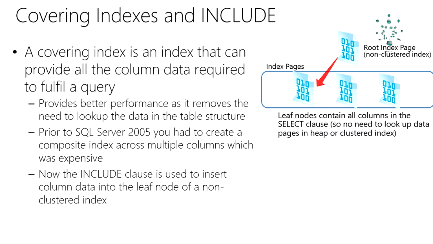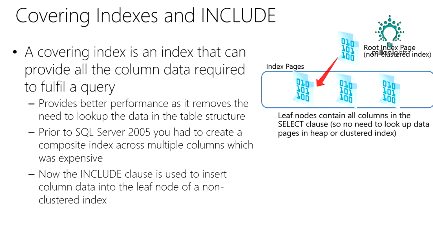Then we've got this clustered index key, so we're going to go to the clustered index to get the first name column because it's not a part of the index. So if we had an index on last name and first name, it's what we would call a covering index, and this is how we would remove these lookups into the underlying table structure.